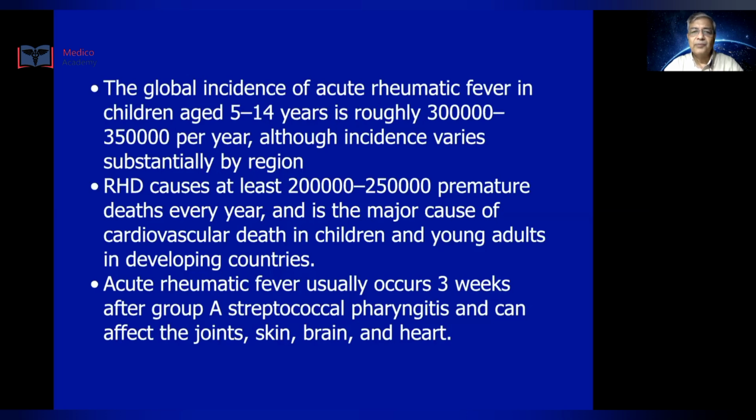Acute rheumatic fever usually occurs 3 weeks after the infection with group A streptococcus, that is the group A streptococcal pharyngitis, and it can affect the joints, skin, brain, and the heart.